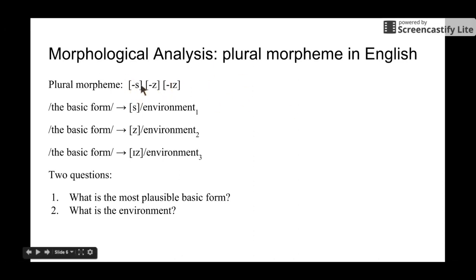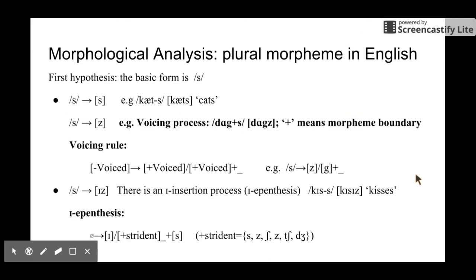But we can try to choose the first one. The first hypothesis is that the basic form is s. Then we can derive cats without a problem.